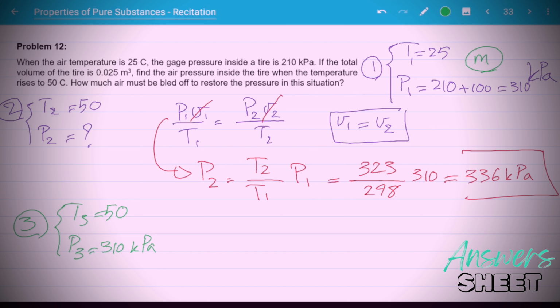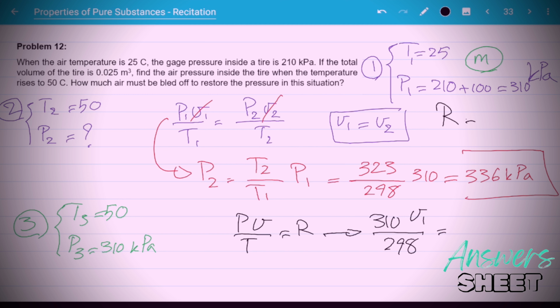How much air was in the tire to begin with. So I know that P specific volume over temperature equals the gas constant. So I'm going to plug in the initial state information here, 310 kilopascals times the specific volume over the initial temperature, which is 298, is equal to air gas constant.